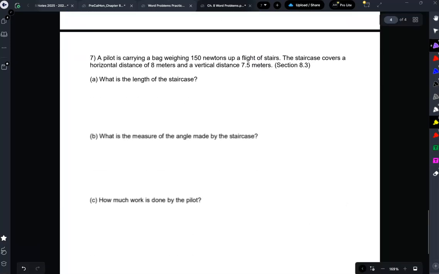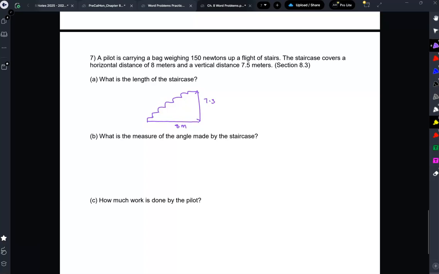A pilot is carrying a bag weighing 150 newtons up a flight of stairs. The staircase covers a horizontal distance of 8 meters and a vertical distance of 7.5 meters. So basically, this is the staircase like this. Okay.